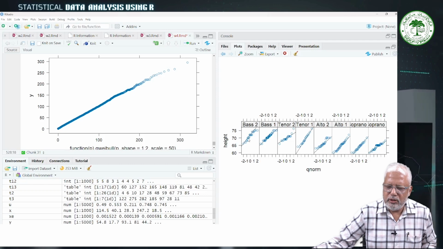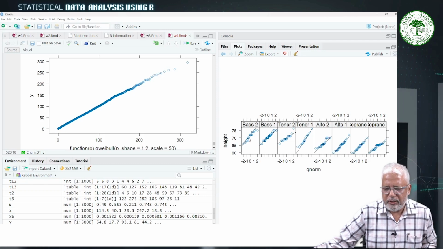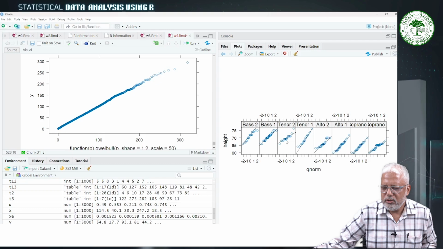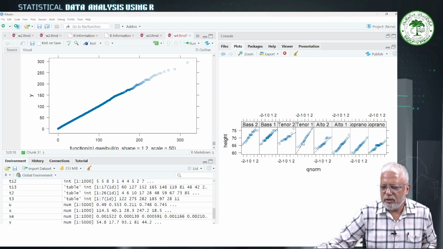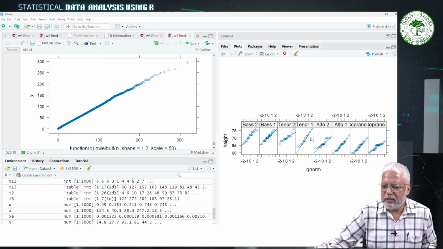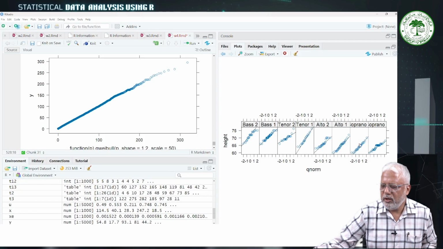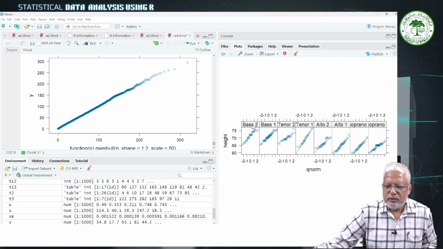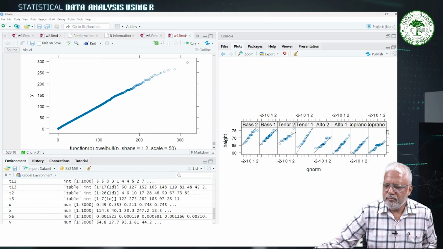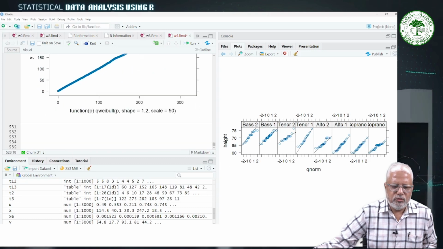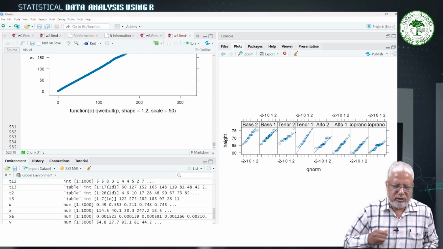For bass 2 it fits well, but the slope is somewhat sharper. Then here it also fits well, and here it is exactly y equal to x. So this is the plot of the data. So qqmath has the capacity to analyze these data sets.